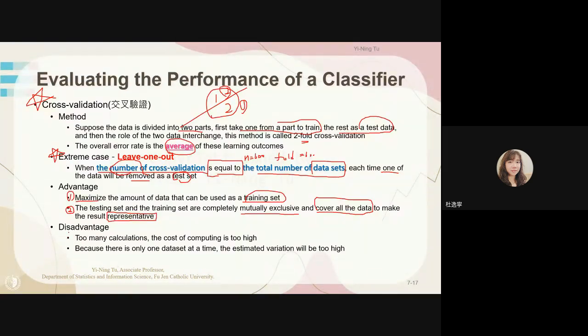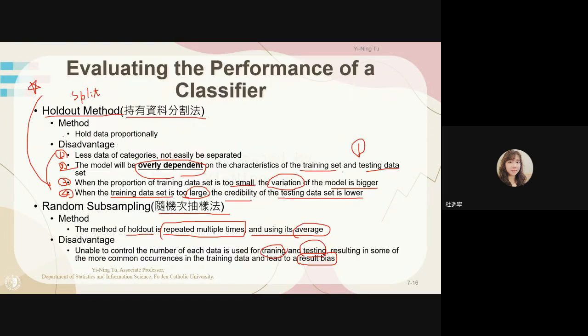But it also has disadvantages. Too many calculations，所以这个是算力的问题。Too many calculations, because our computing cost is high. Yeah. So because there is only one data point tested at a time, the estimate variation will be very high，就是它的变异会差异非常大。So in this case, when is it suitable for hold out?